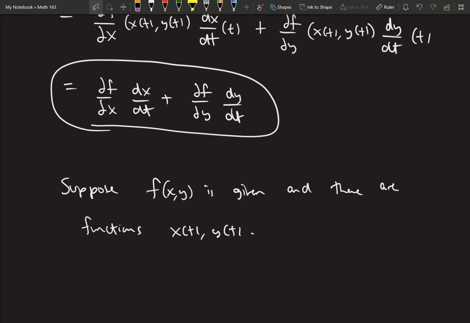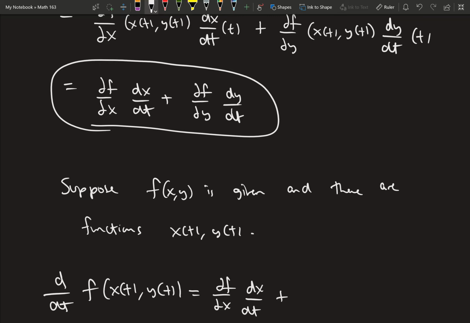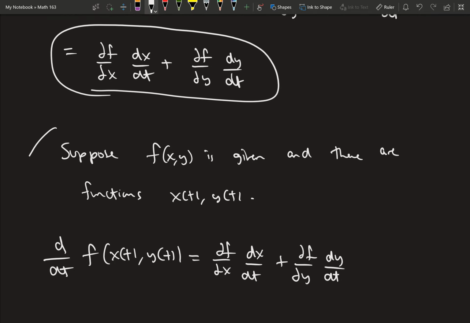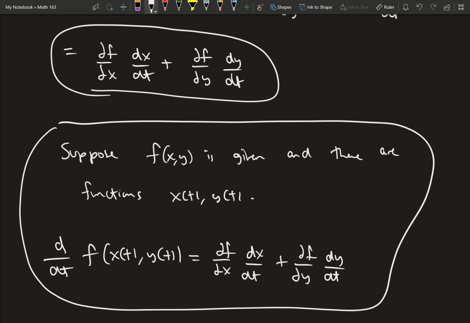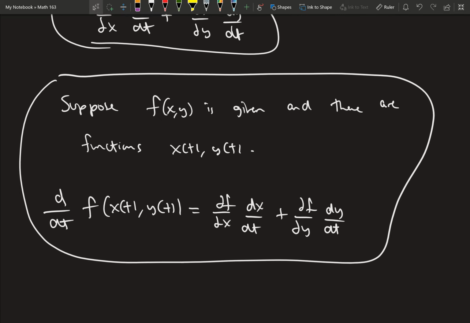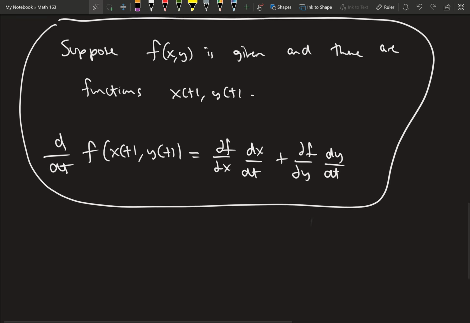Again, we have to assume everything is in the respective domains and all of that, but assuming everything works out, then d by dt of f of x of t, y of t is equal to del f del x dx dt plus del f del y dy dt. So this is the chain rule in several variables. There are some other versions, but those are all essentially conditional upon this. This is the most basic one.